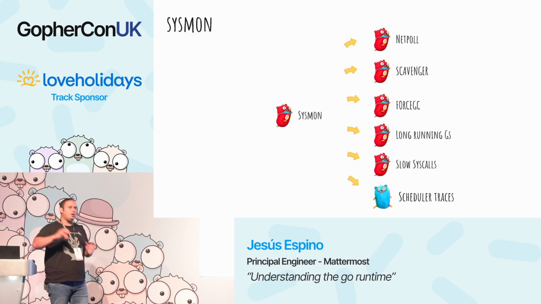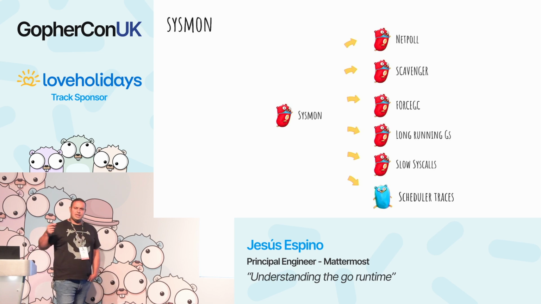So it's delegating all the network requests to the net poller, and the goroutines wait for the net poller to come back with the information. And the system monitor is going to check if the net poller has finished getting some data for some goroutines and reactivate those goroutines to allow them to run.